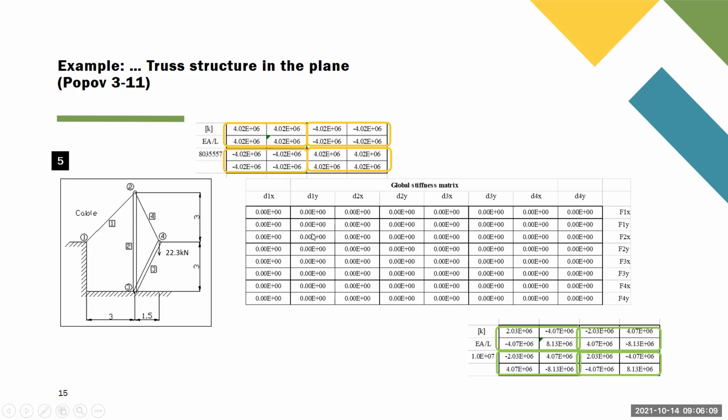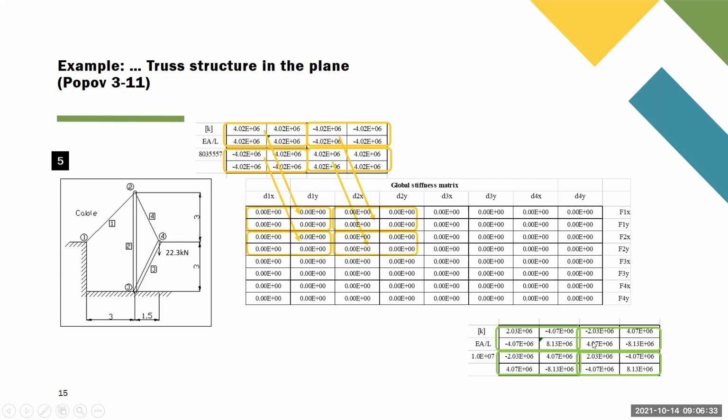Okay, again, we split it in forces in joint 1, 2, 3, and 4, and columns multiplied by displacement in the first, second, third, and fourth joints. You see that this belongs to here. This belongs to here because it's relating joint 1 and 2.